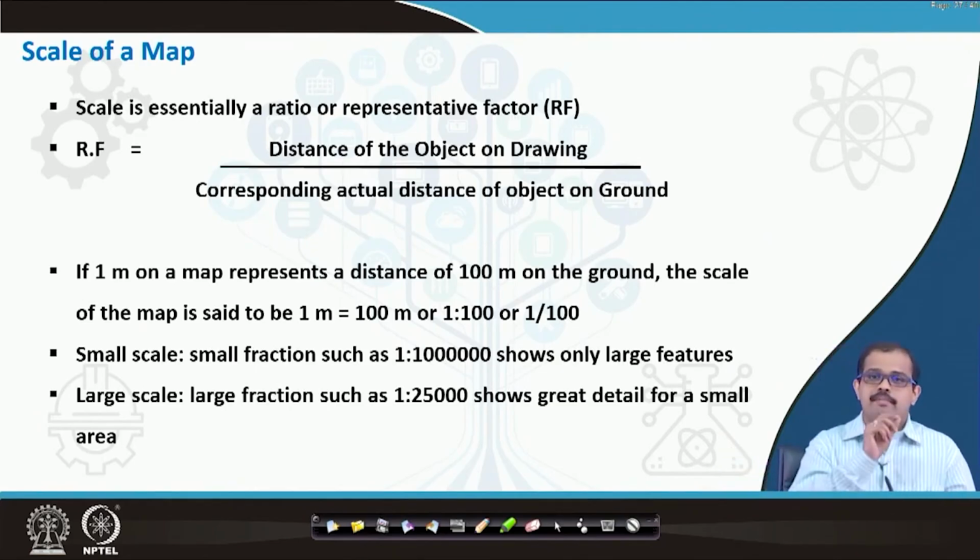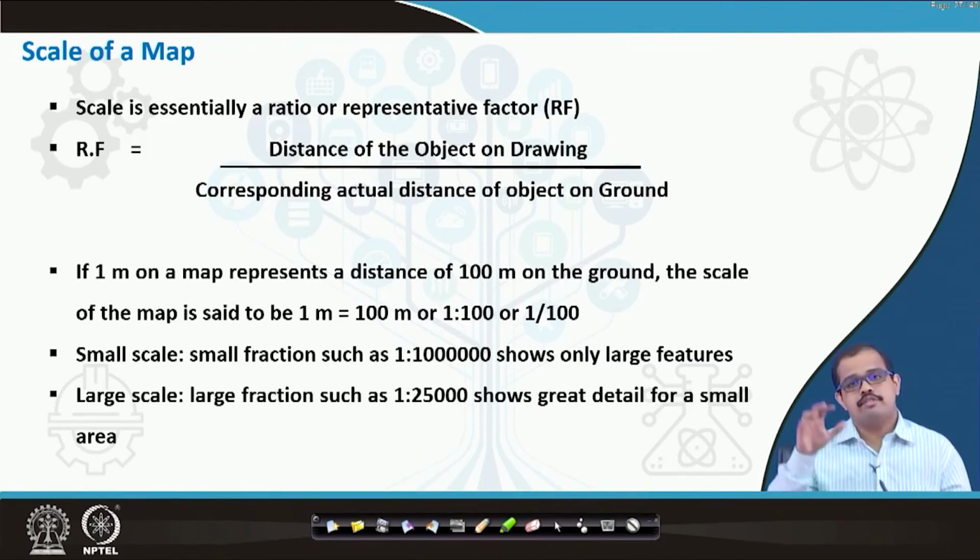Okay, so please remember, the one that gives you more information is a large scale map, and the one that gives you very little information, only the representation, is a small scale map. 1:1 million is a small scale map, whereas 1:10,000 or 1:15,000 or 1:20,000 is a large scale map when compared to a 1:1 million.